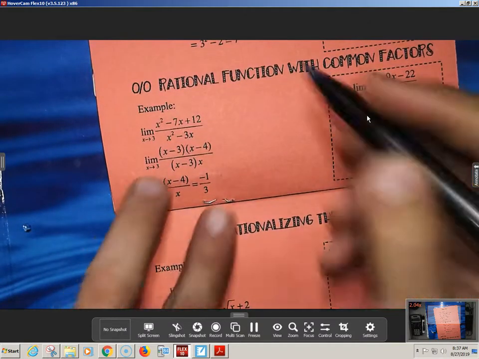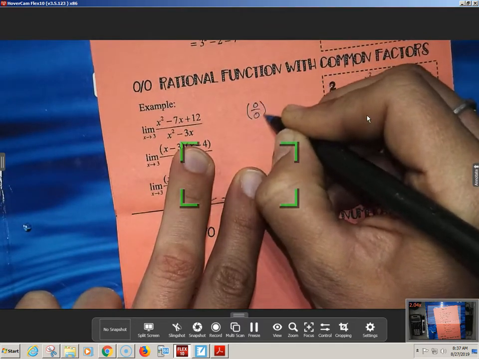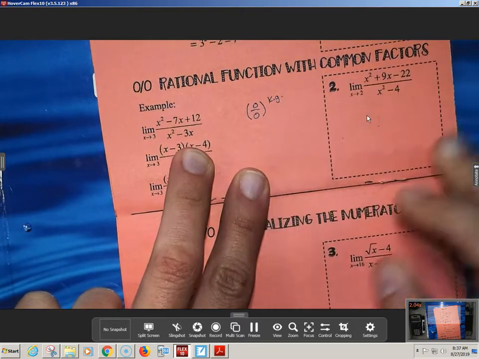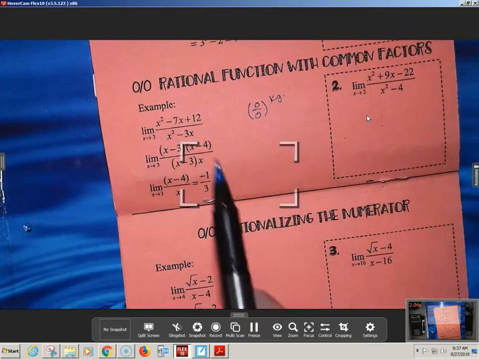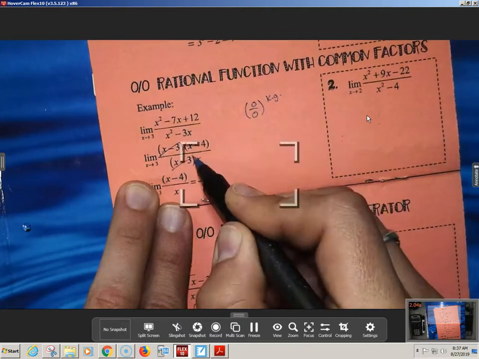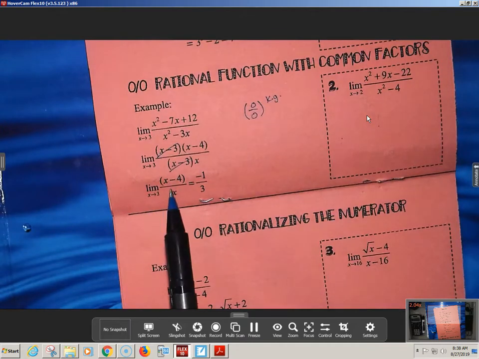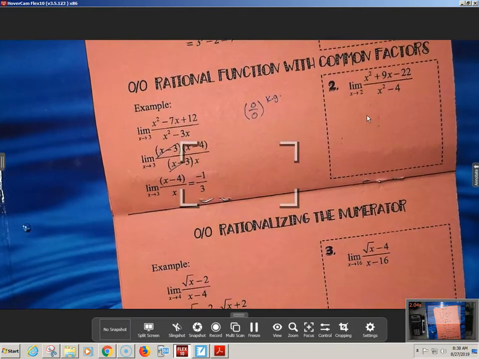Yeah, because in the beginning, isn't this technically a 0 over 0, keep going, if you were to go through all the work, right? So then they go ahead and factor, and when you factor, what are you able to do with the x minus 3's? Reduce. And when you reduce the x minus 3's, you're left with x minus 4 over x, at which point, what can you do with my limit? Plug it in, done.